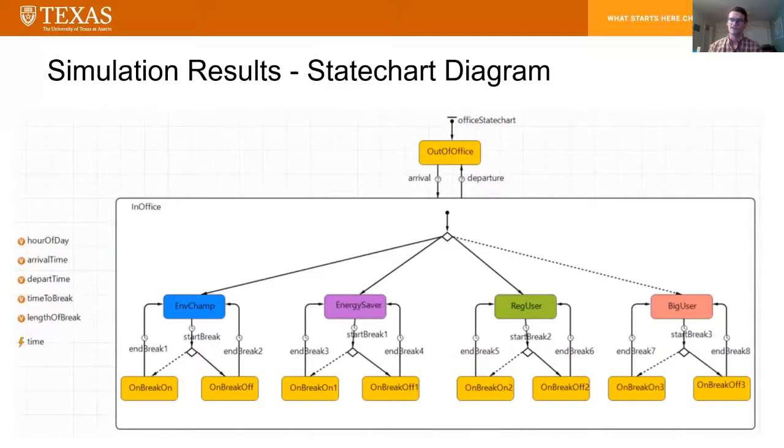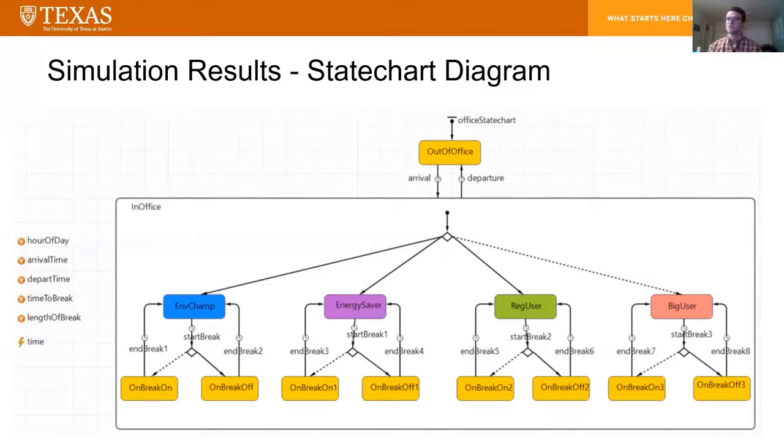After 3.5 hours in each of those 4 states, the trigger for the start break transition is activated, and the agents are then branched into either the on break on state, which represents office workers that are on their break, but the light in their office remains on, or into the on break off state, and that represents office workers that are on their break, but the light in their office is turned off.